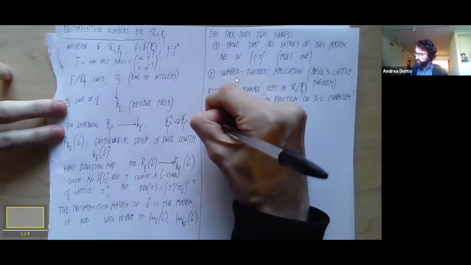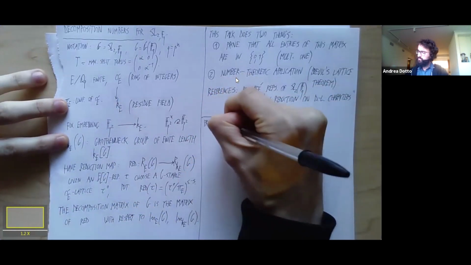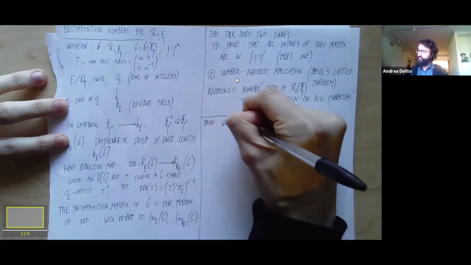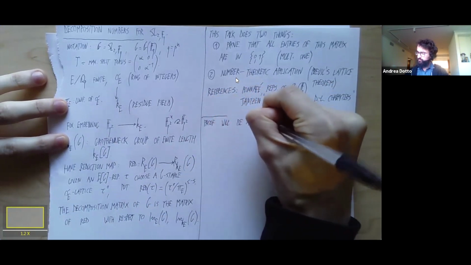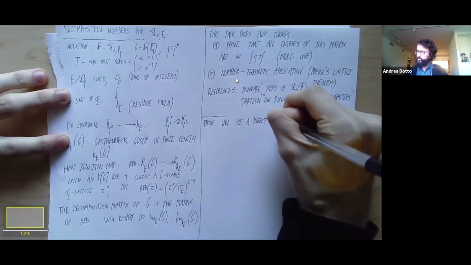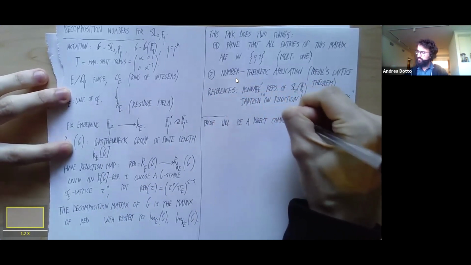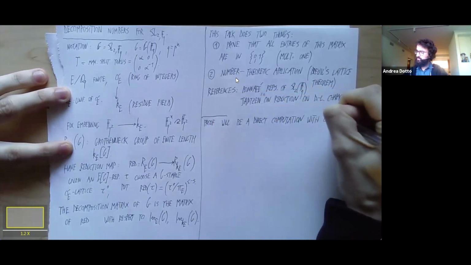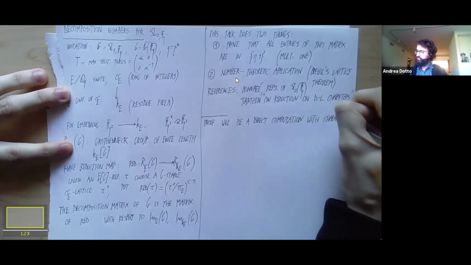So it will be a direct computation with characters. Here I should have written conjecture.